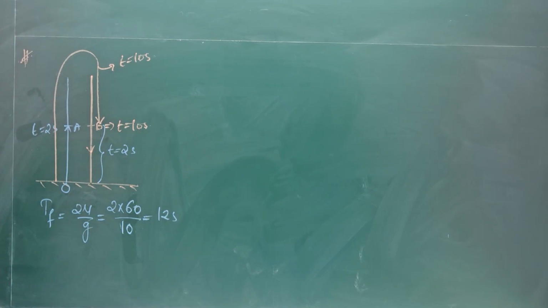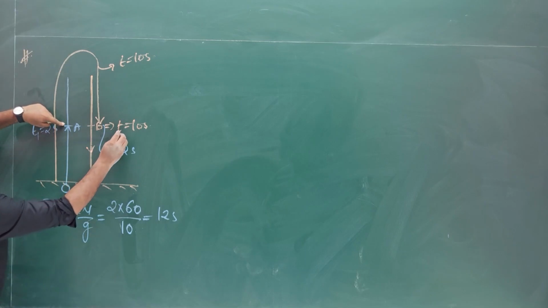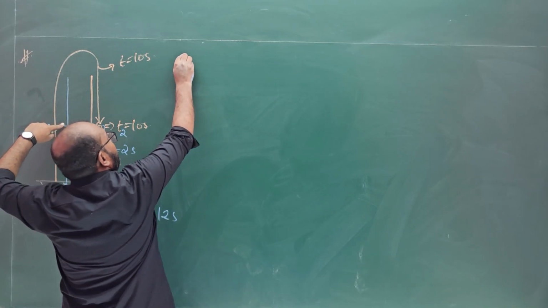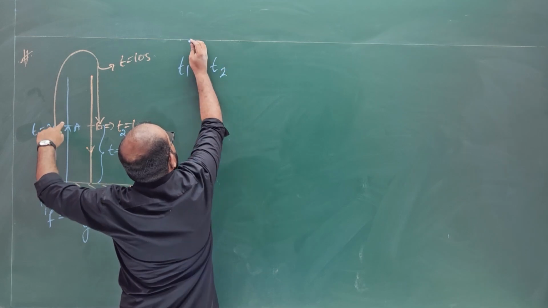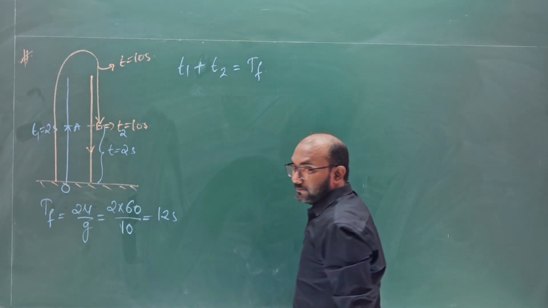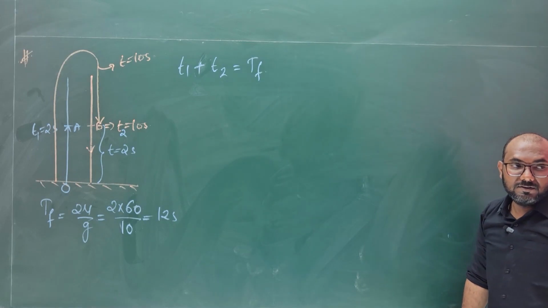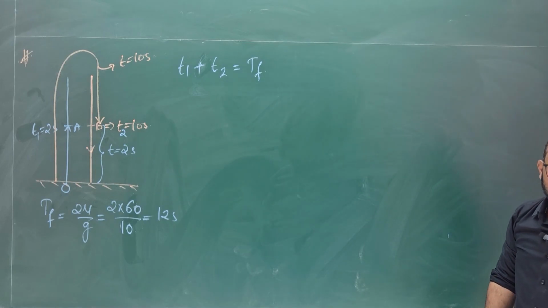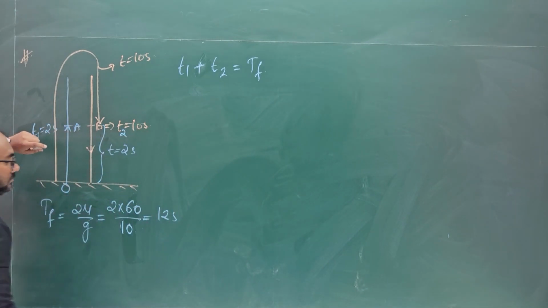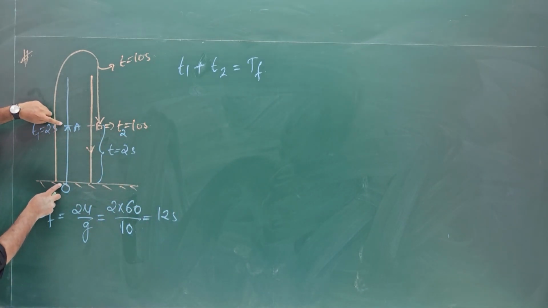Achha, now, can I say that from here to here is T1? Okay. And from here to here time is T2. Can I say that T1 plus T2 is nothing but the time of flight? T1 plus T2 is equal to the time of flight. Look carefully. From here to here, it takes how much time? 2 seconds.